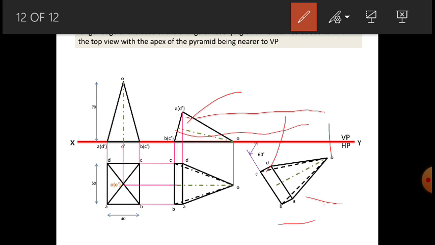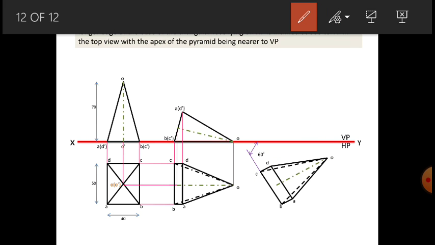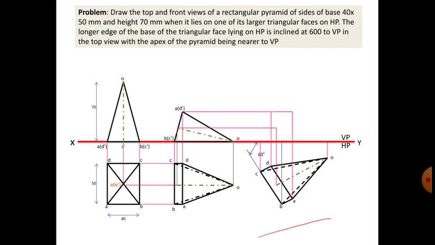Once you project it, you will get the labels and you will get the object done.